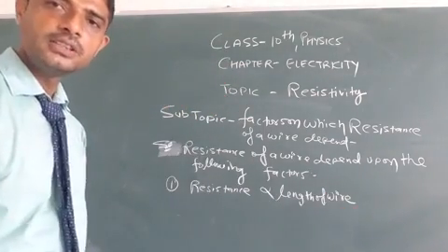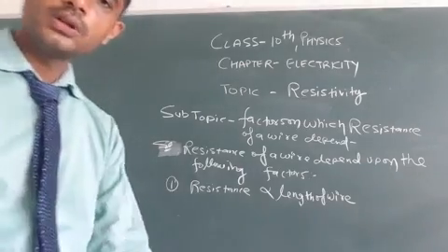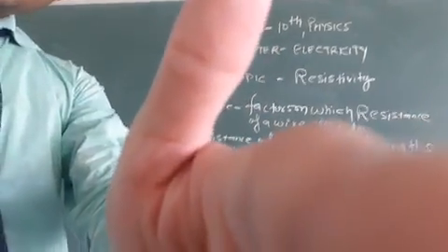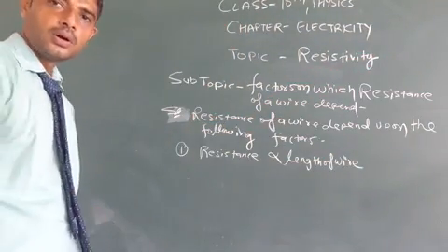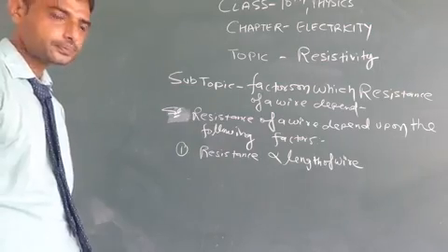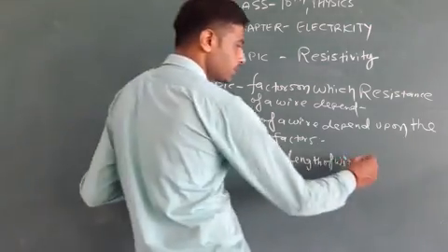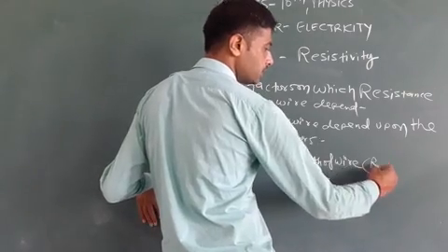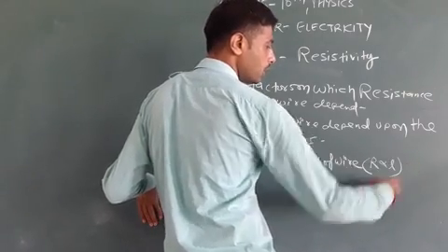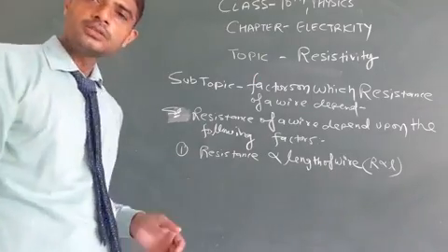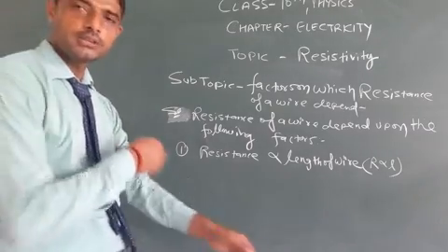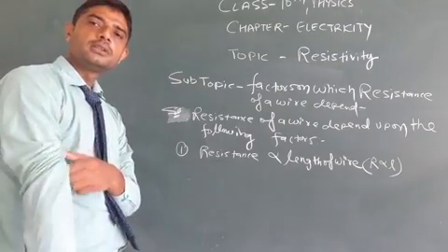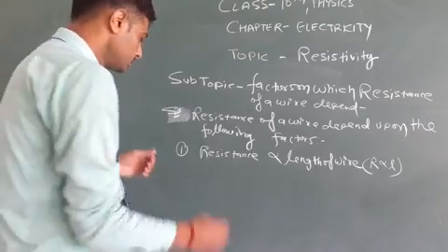The resistance is directly proportional to the length of wire. Okay, it means you can say R is proportional to L. First I am going to write down, after that I will explain.